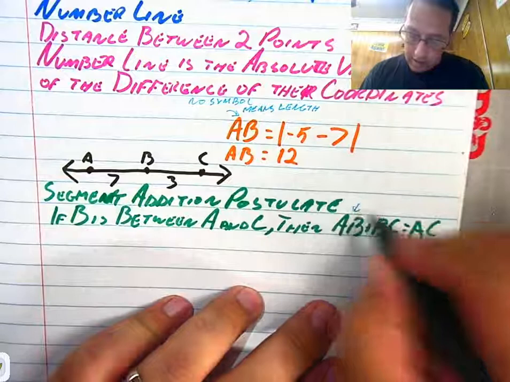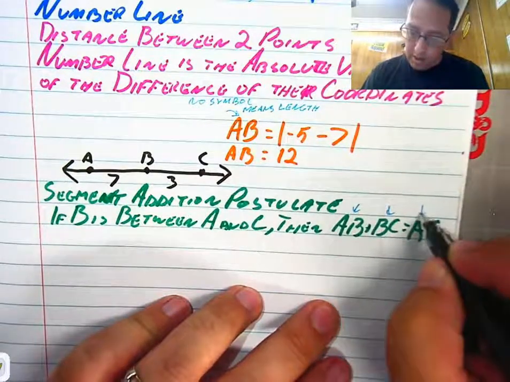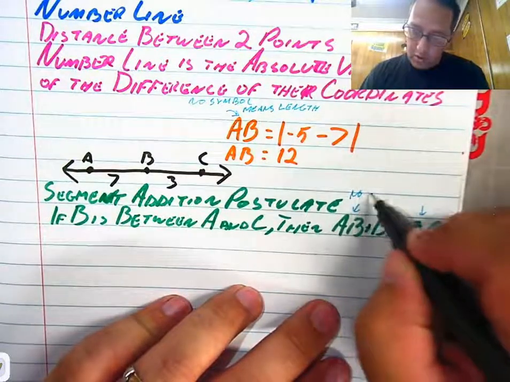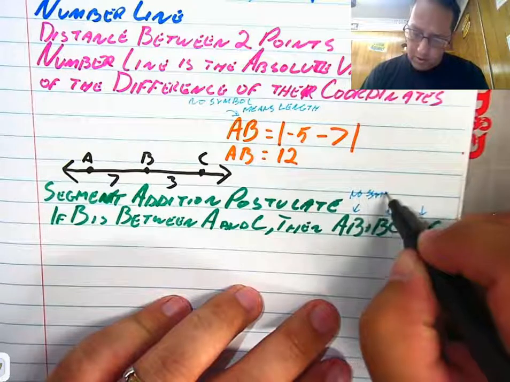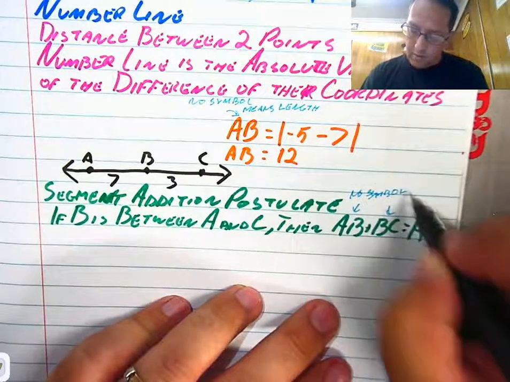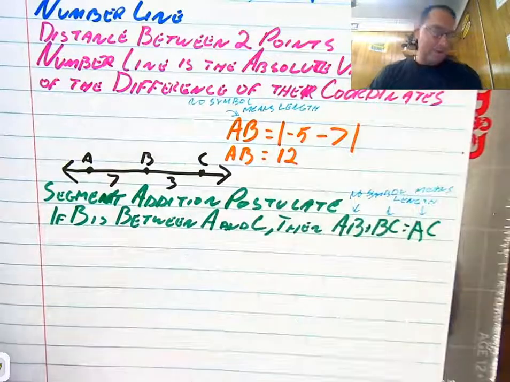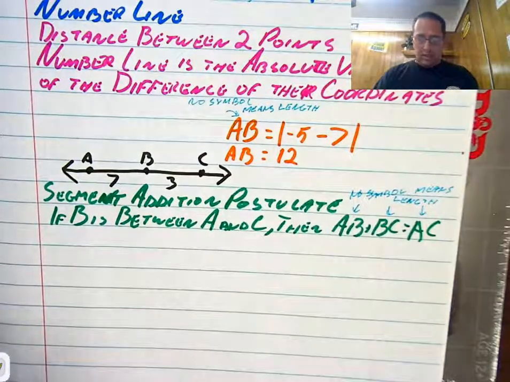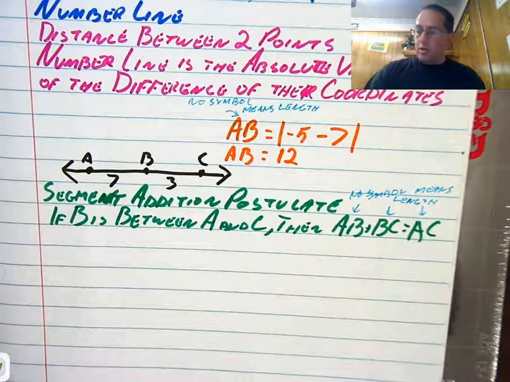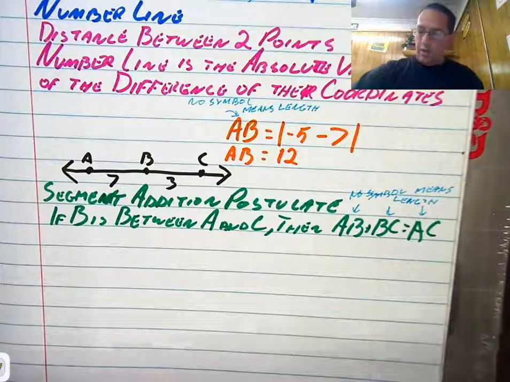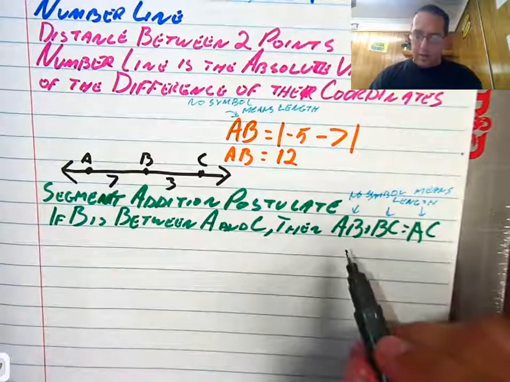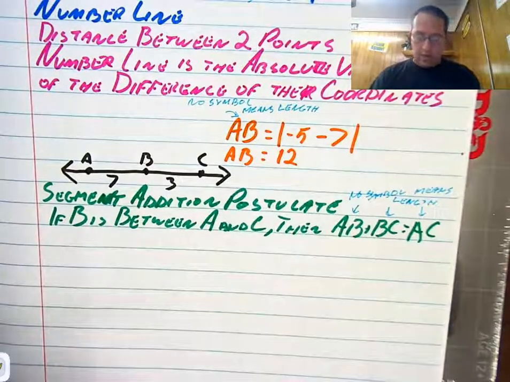AC. Once again, I want to point out that right here, I have no symbol, so we're talking about length. No symbol there means length or distance, either way. The distance from A to B. So what we have, the length of AB, well, how long is AB?